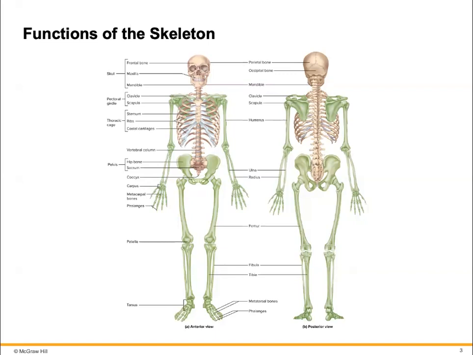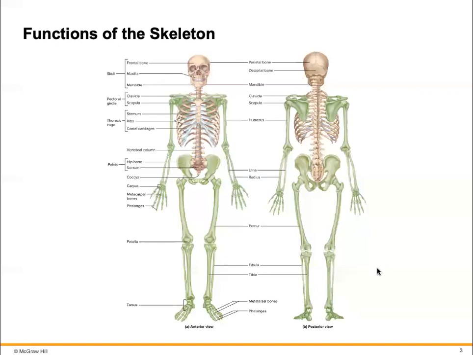Then there's acid-base homeostasis, where the bone can buffer our blood against large pH changes by altering the phosphate and carbonate salt levels within the blood. The bone marrow is also really important in producing our blood cells.